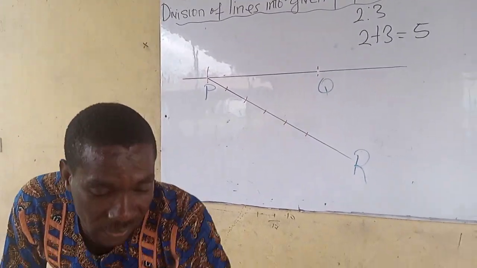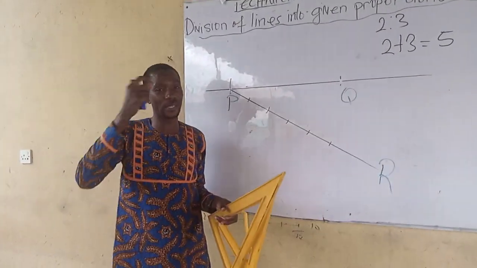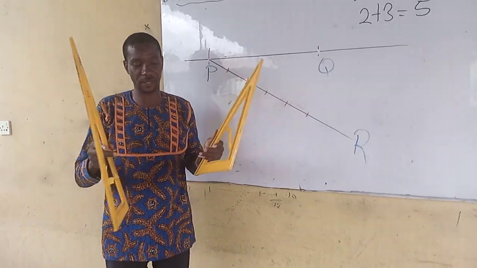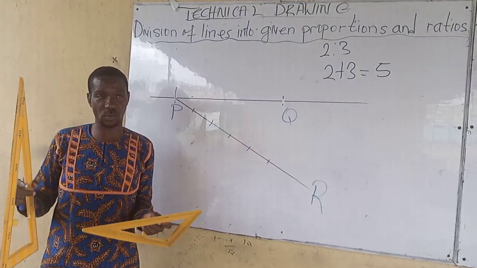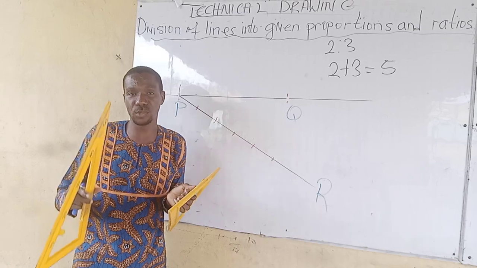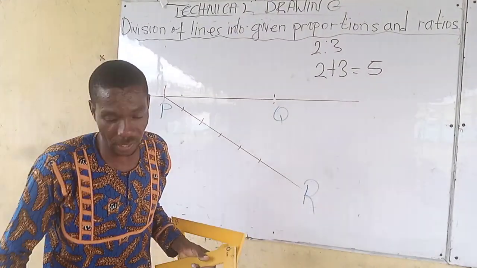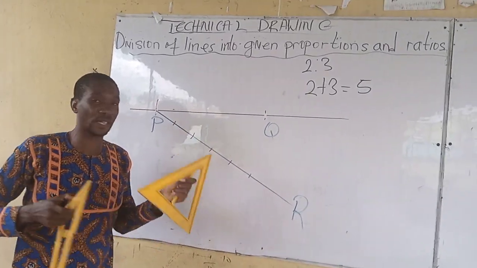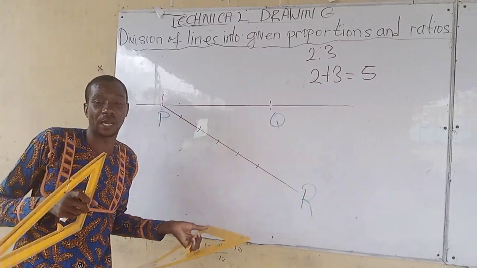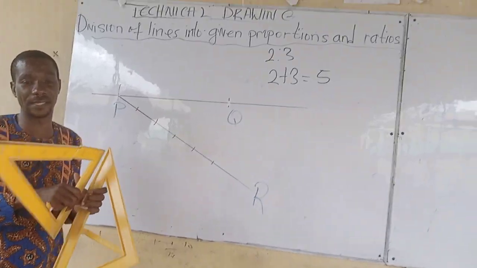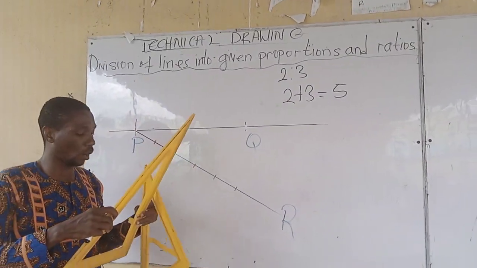At this point, just as we did in our previous discussion, you use the 2 set squares. I told you that you can use your ruler, but preferably use the 2 set squares. Let the 45 degree set square be at the bottom, whilst the 30-60 set square is on top.